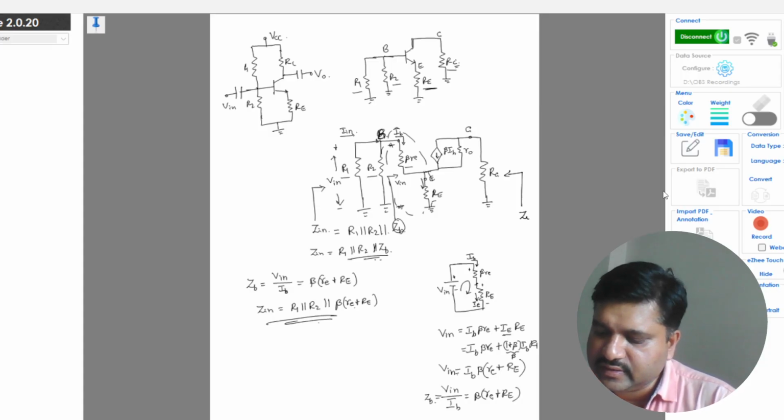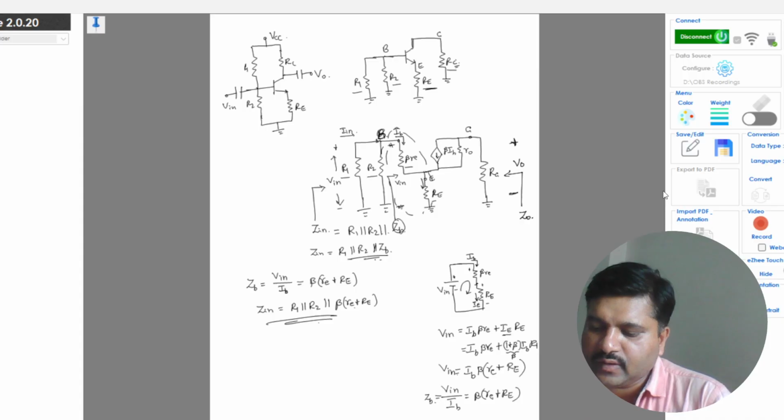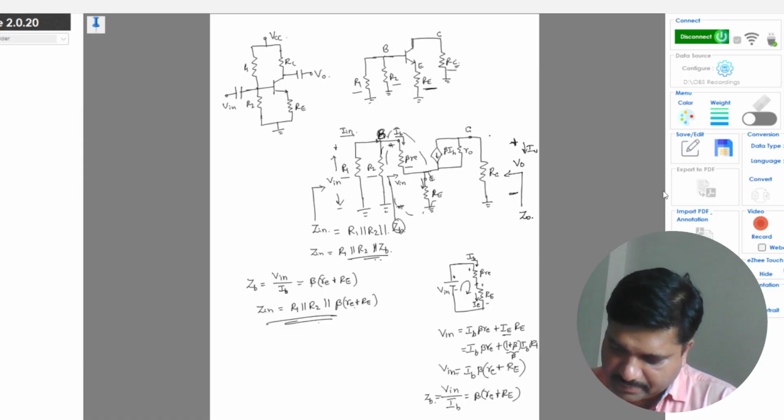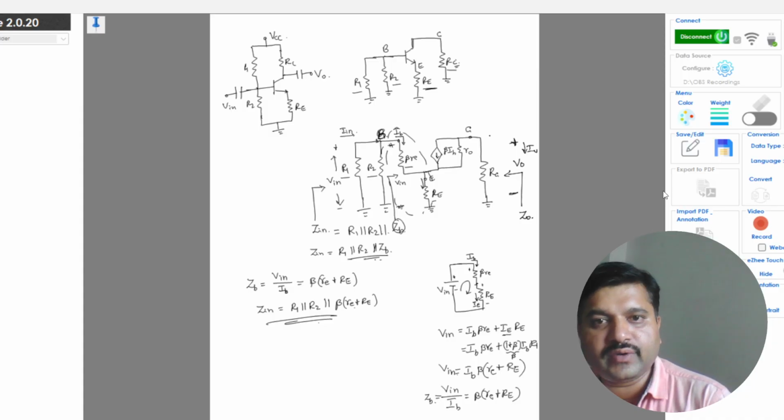So this is Z0 with respect to my output voltage, with this being positive and this negative, and this is my I0 for the V0. Now to find the impedance between these two terminals, collector to ground, the procedure is that all other voltage sources should be shorted and the current sources should be open. When the input voltage is shorted, R1 and R2 will be neglected.